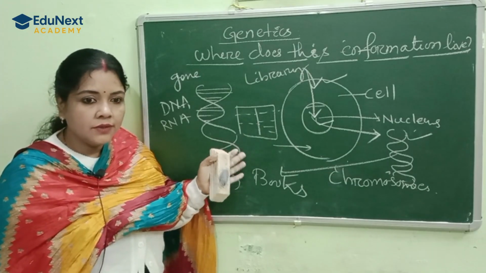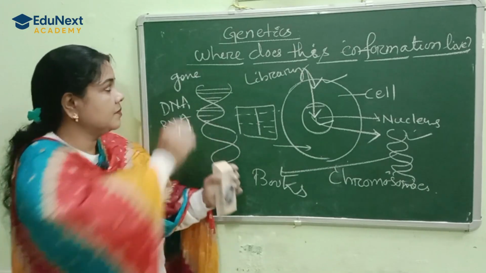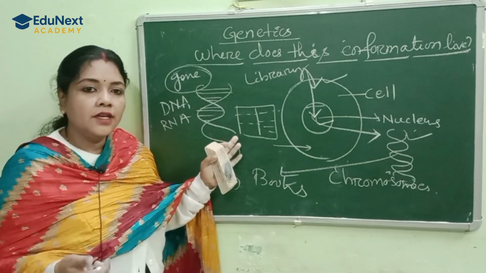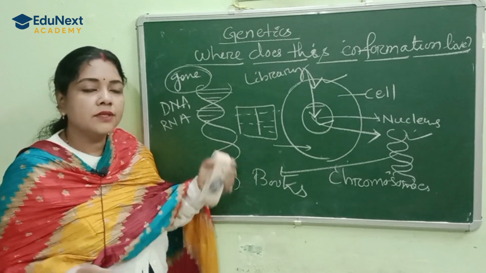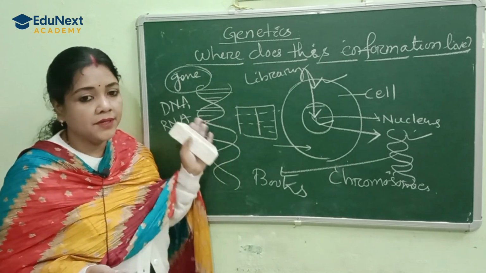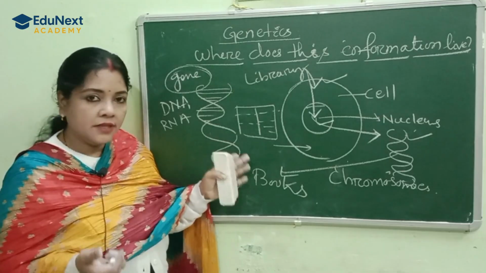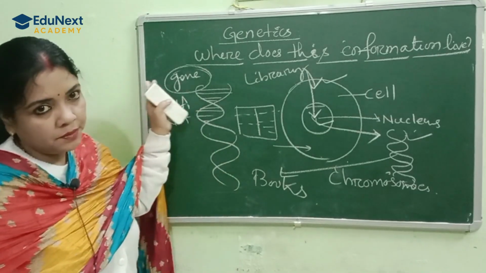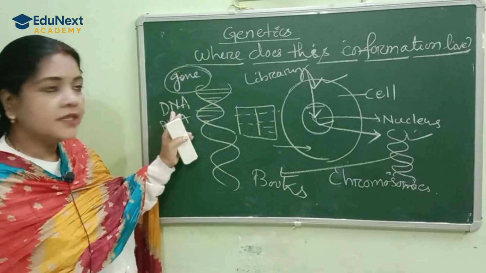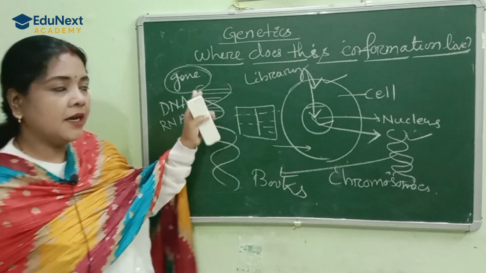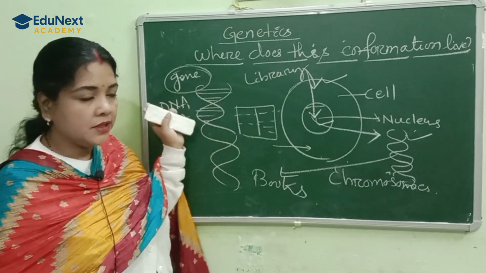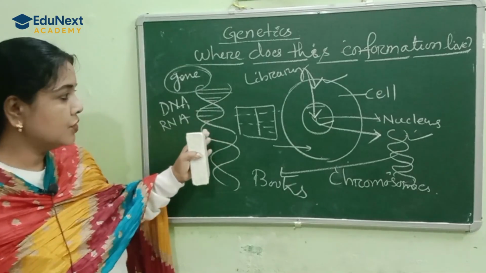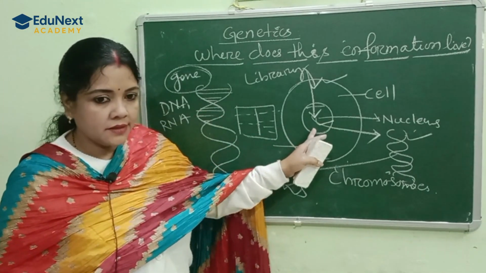Inside the gene, the information on tallness, eye color, height and blood group is present. These are the information of a human being. The information is present inside the gene. The gene stays inside the DNA, deoxyribonucleic acid. DNA is a part of the chromosome, and the chromosome stays inside the nucleus.